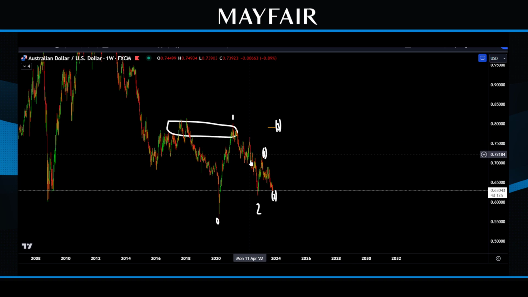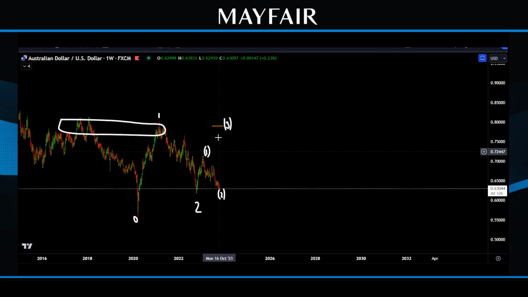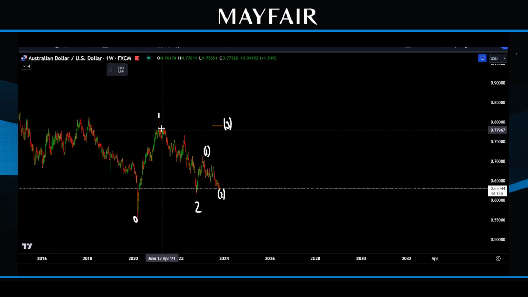Now I'm looking for a 5 move. Well, that works. So all of a sudden, I'm thinking to myself, wow, that's not a bad view of this particular chart. Now, when I'm looking at this next, I'm going to say to myself, okay, let's look at the extension.